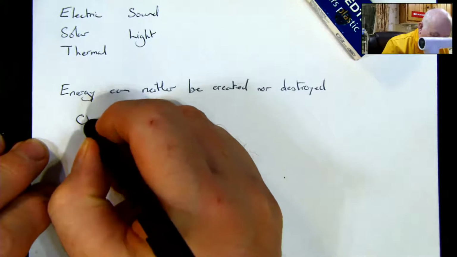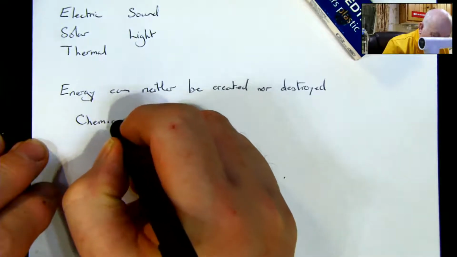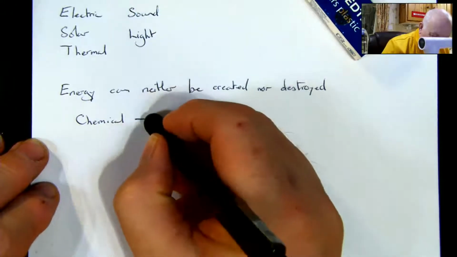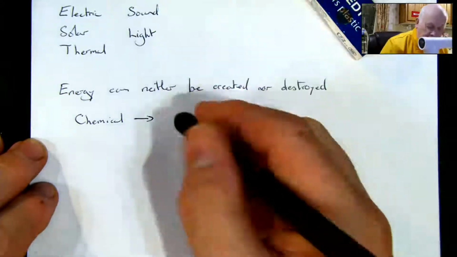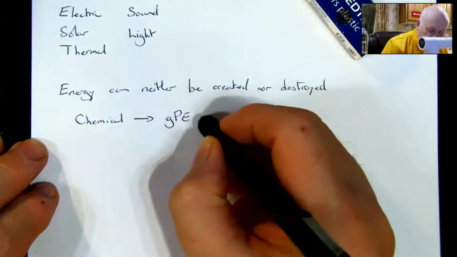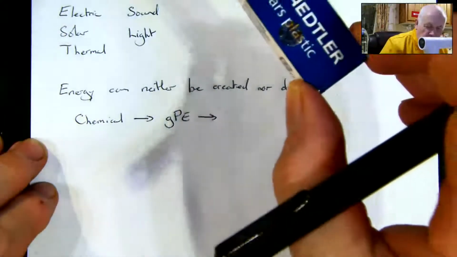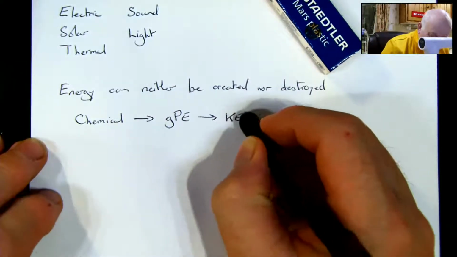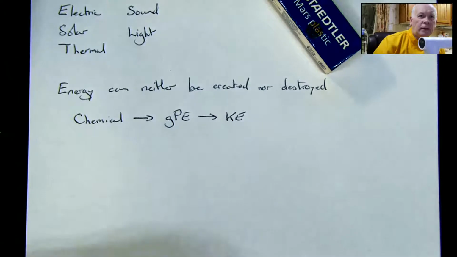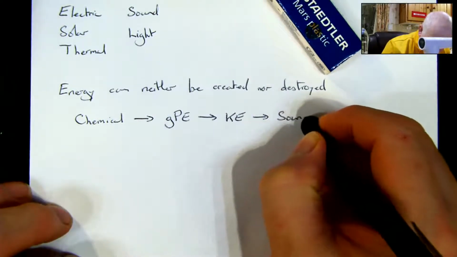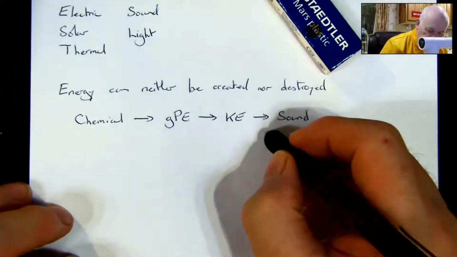So we've got the chemical energy in the food that I've eaten. That has been turned to lift my hand and the rubber, so that turns to gravitational potential energy. That is then turned, as it's dropped, to kinetic energy, and that kinetic energy is turned largely into sound.